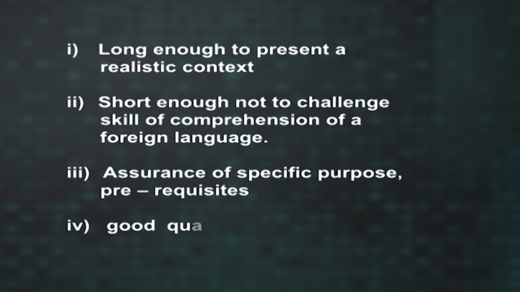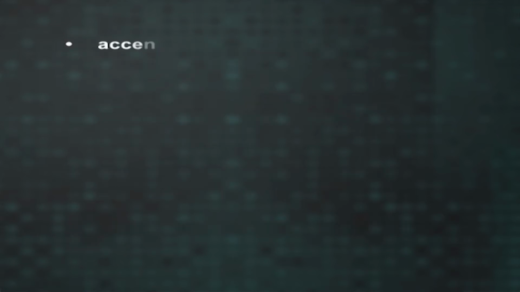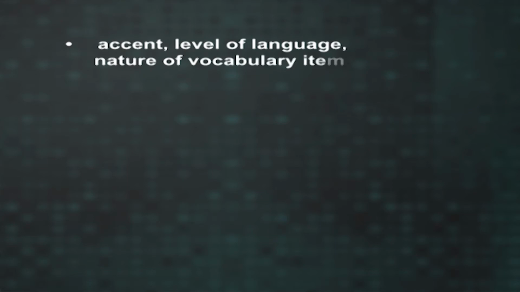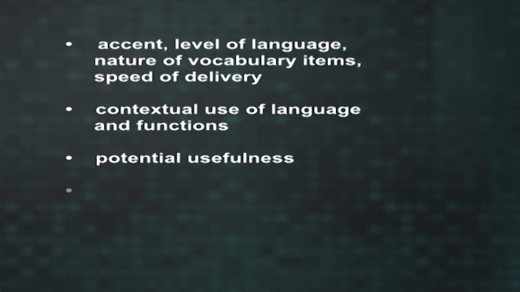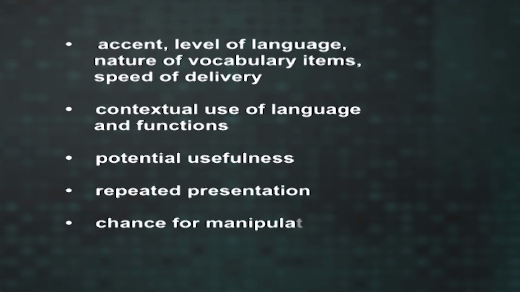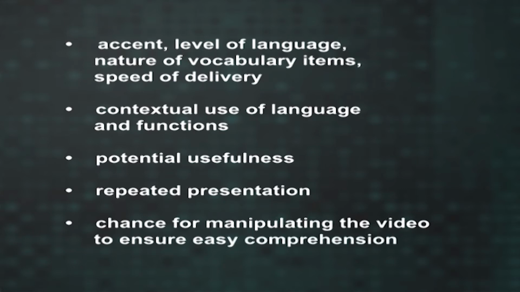Good quality image, soundtrack and script. Accent, level of language, nature of vocabulary items, speed of delivery. Contextual use of language and functions. Potential usefulness. Repeated presentation. Chance for manipulating the video to ensure easy comprehension.